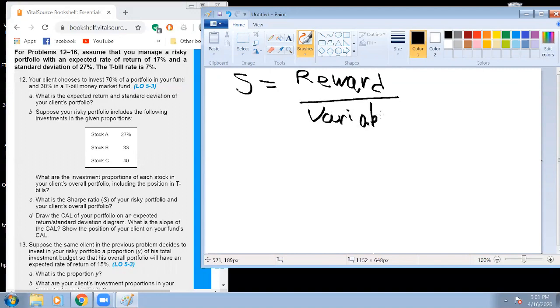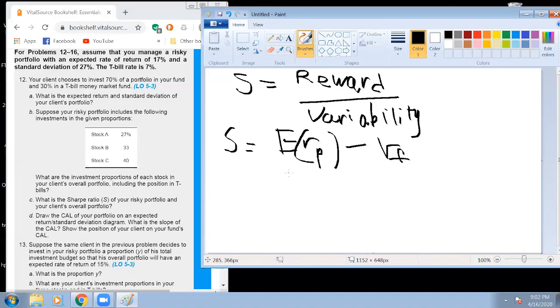It really doesn't matter what word you use here as long as you understand that you're being compensated for units of risk. That's the Sharpe ratio. So for the client's portfolio or the overall portfolio, you calculate the market risk premium, the return on the portfolio minus the risk-free rate, and you divide that by the standard deviation of the portfolio.